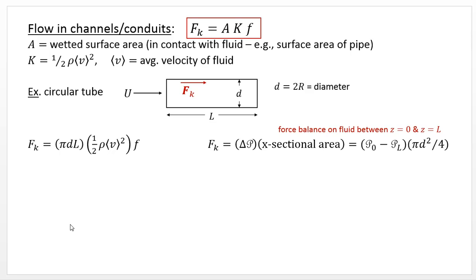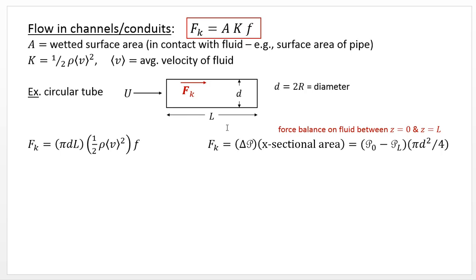So looking at the first case, flow in channels or conduits or pipes, we have our correlation as shown here. This is the general case. The force that the flowing fluid exerts on the solid is the area times the kinetic energy term times f. We defined A, K, and the average velocity V. So we have our circular tube, and the mean velocity of the fluid in this tube we're calling capital U. It can also be V in angular brackets.